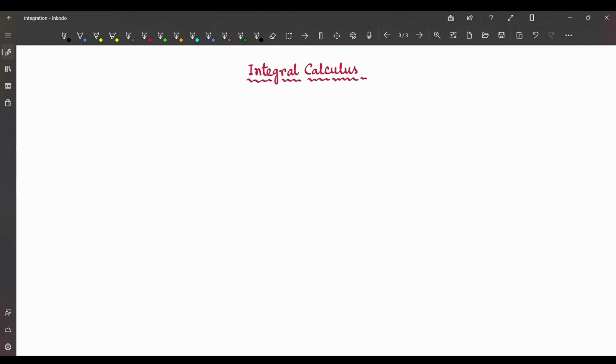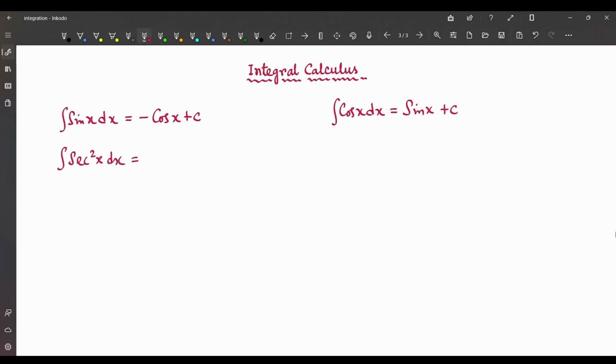Integration of some trigonometric functions. Integration of sin x dx is equal to minus cos x plus c. Integration of cos x dx is equal to sin x plus c. Integration of sec square x dx is equal to tan x plus c.